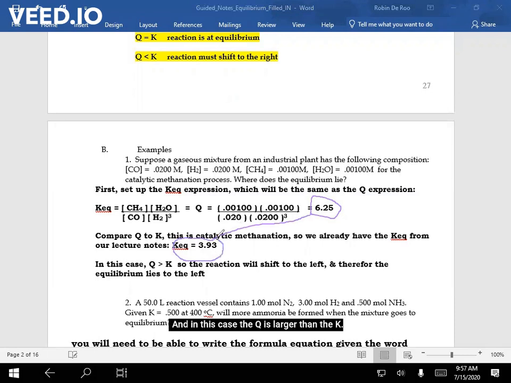And in this case, the Q is larger than the K, so the reaction will shift to the left, and therefore the equilibrium lies to the left. Okay, we'll do the other problem next time.